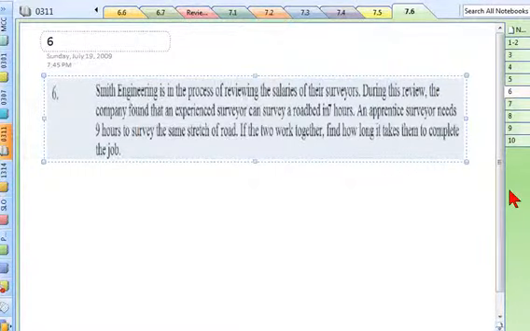My approach is this. In all work problems, you have either 2 or 3 or a whole bunch of people or machines trying to do a job. That's why I call it a work problem. They're trying to get some work done. Each person or machine does part of the work. And together they complete a job.